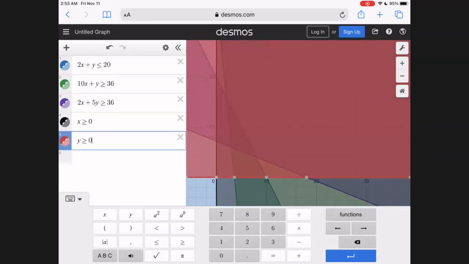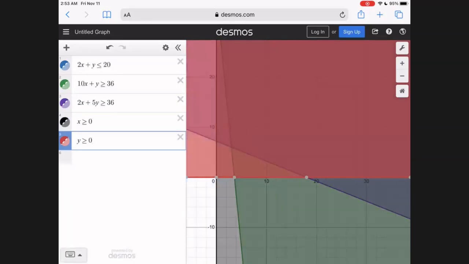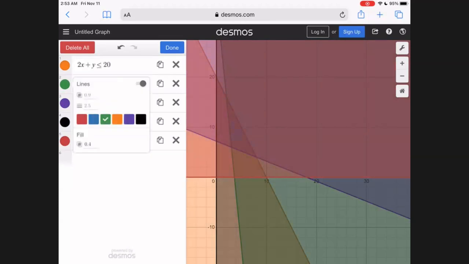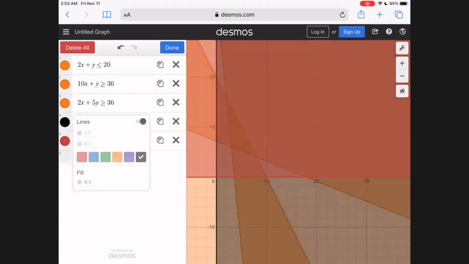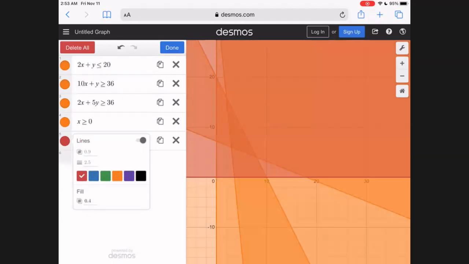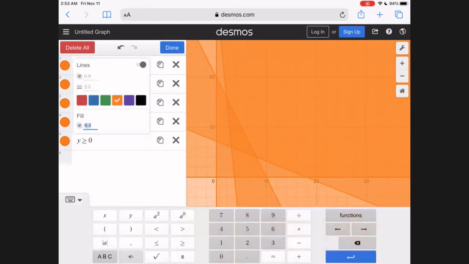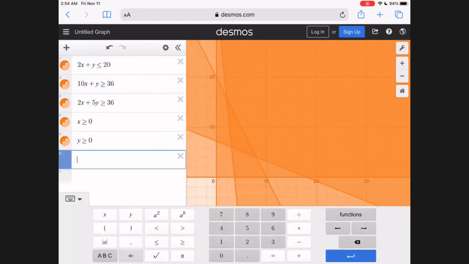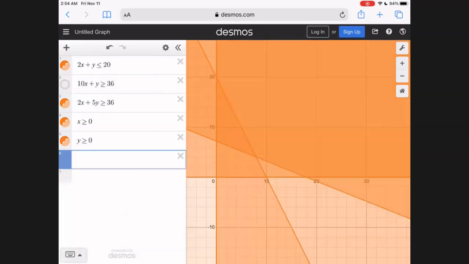And you might think, where is the shaded area? As I said earlier, you probably want to change it to all the same color. So I'm going to stick with orange. And if you just look at this, where does it look to be the darkest? It might be hard to tell, so I'm going to change the coloring a little bit.